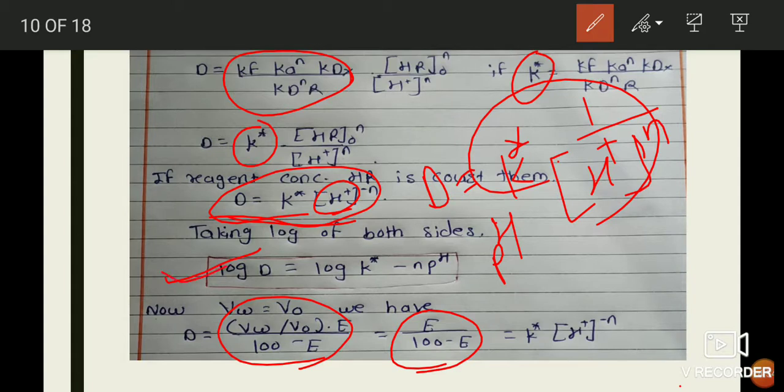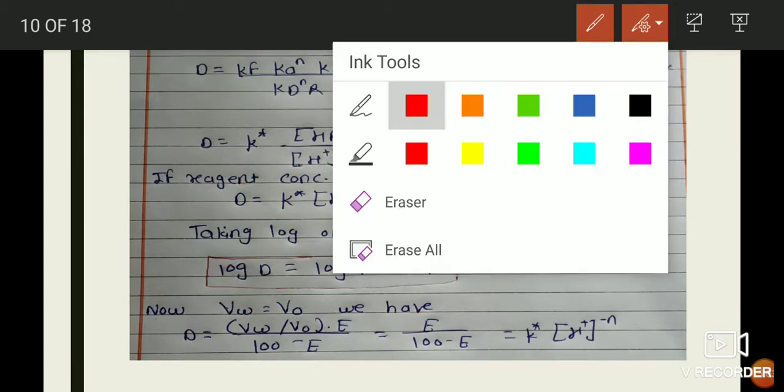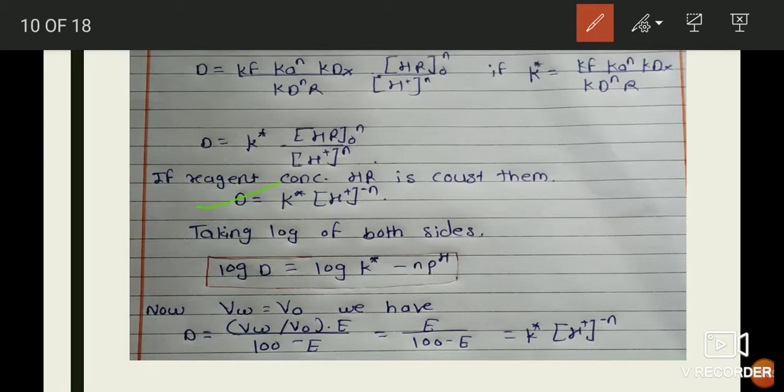Then this equation and this equation have the same left-hand side, so the right-hand sides are also the same. Then E upon 100 minus E is equal to K star into concentration of H plus ions raised to minus n.